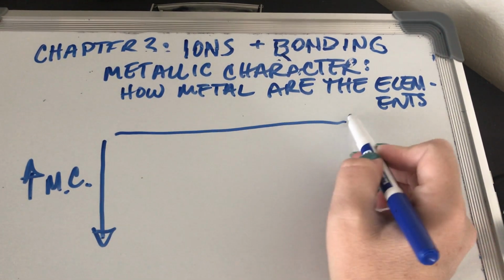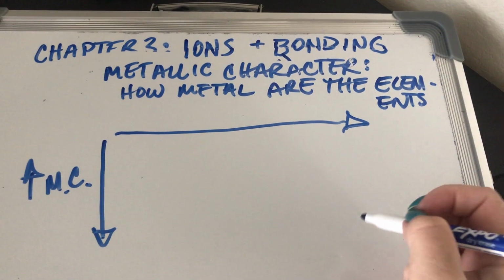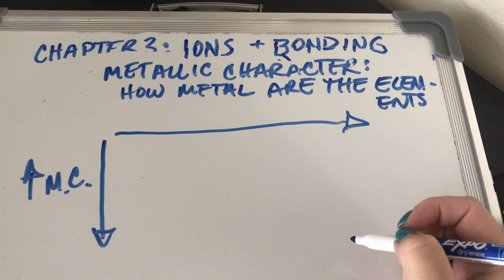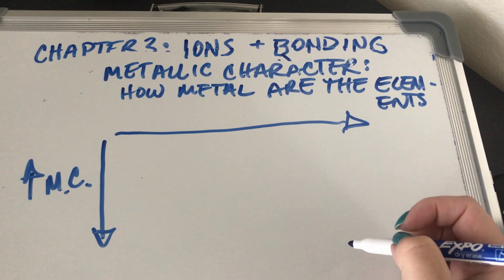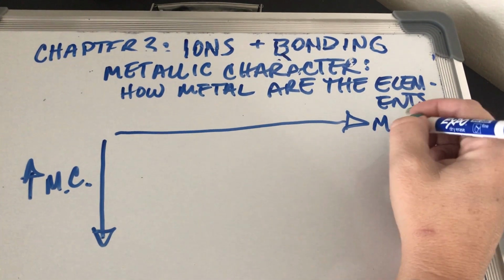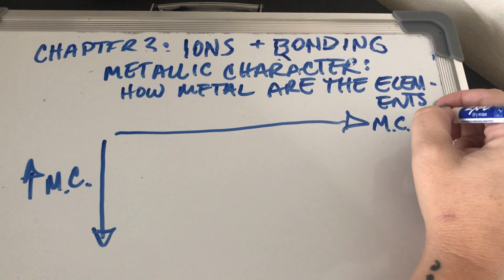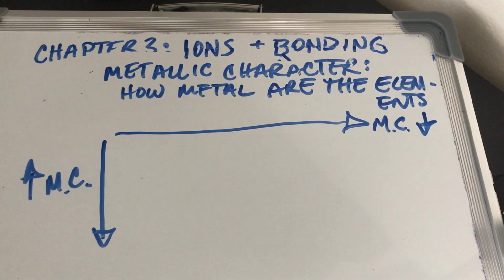What do you think happens as you go across the periodic table? Metallic characteristic decreases? Absolutely. You're going from metals into non-metal territory, right? So it would stand to reason that you're getting less metallic as you go across the periodic table.